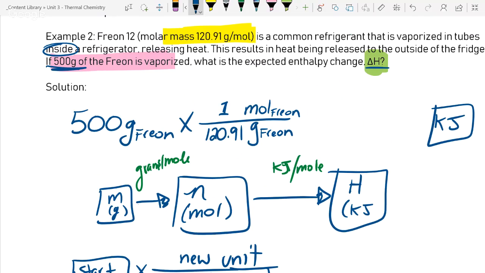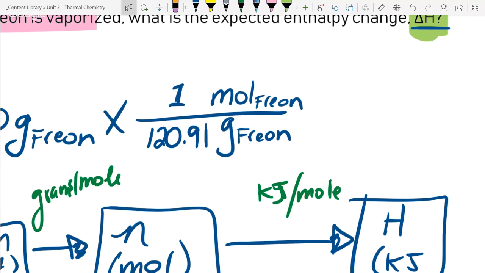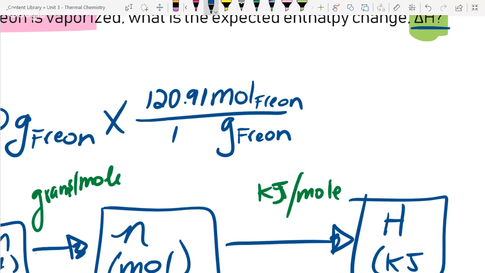And last semester, for those of you who are with me, we said the trick to this is always say it out loud. Because if you've put it in a way that doesn't work, it will read stupidly. Okay? So ignore me for a second. I'm going to erase this and make a mistake. Don't write what I'm about to write because it's a mistake. If I put it like this, I would say 120.91 moles of freon weigh 1 gram.